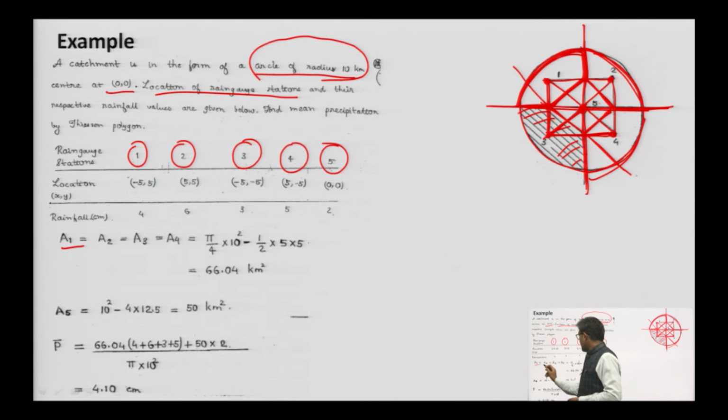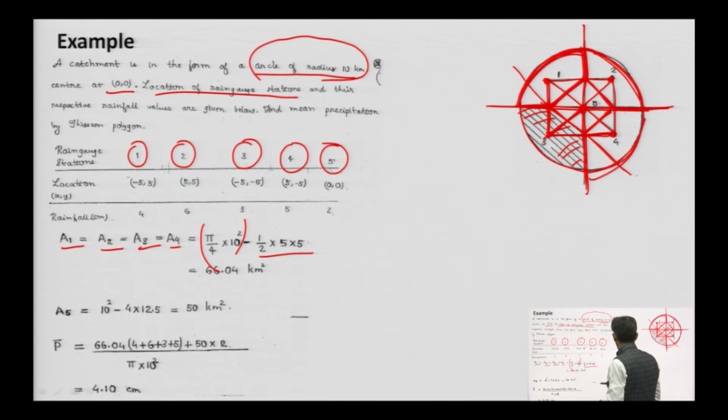So A1, A2, A3, A4 are equal, and what will that area be? It is the total area of the circle minus half of this much area. Since the radius is 10 kilometers, this side is 5 into 5.